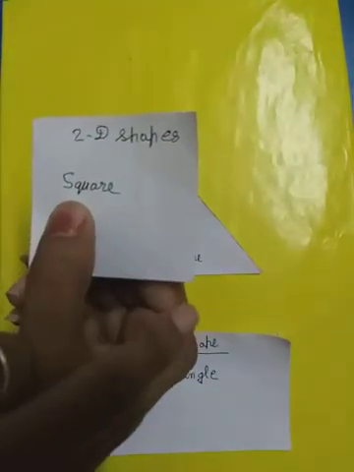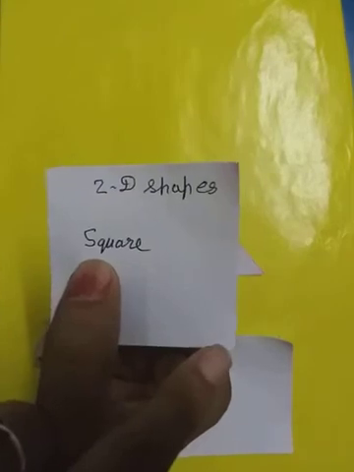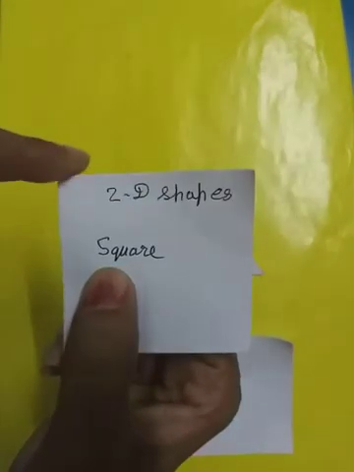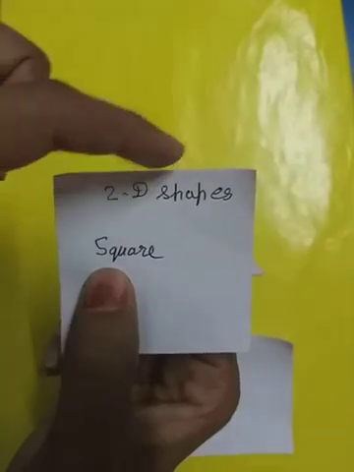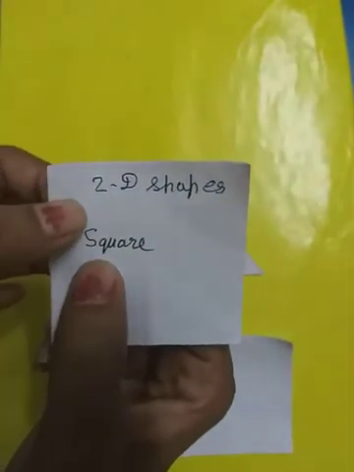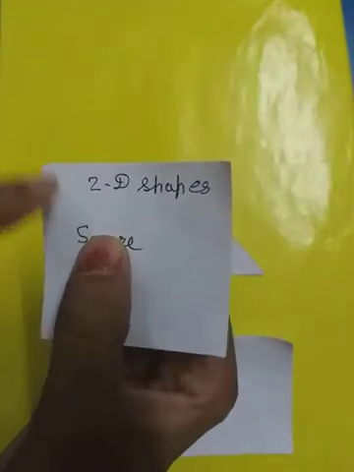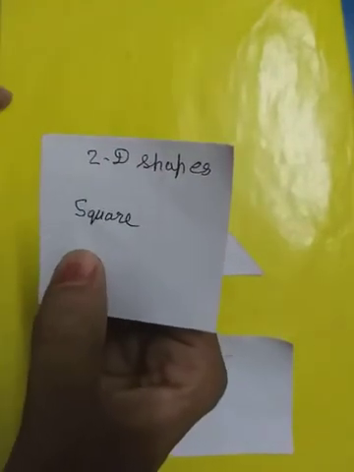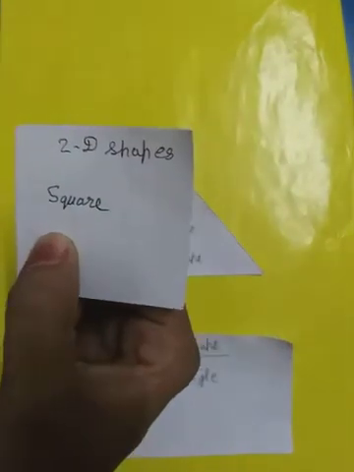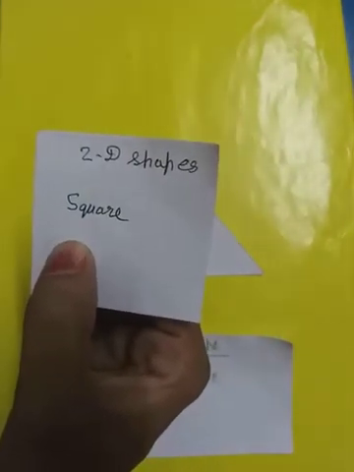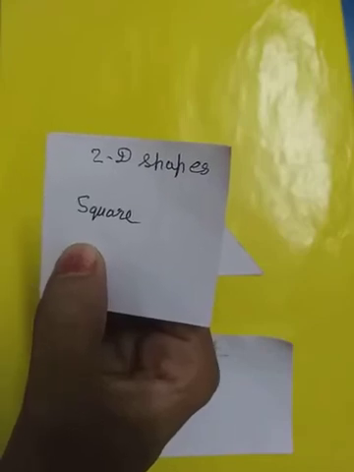This one, from up to down, is the length, and the sleeping line is called the breadth. We have only two properties in this: first, length, and second, breadth. So we call these 2D shapes.